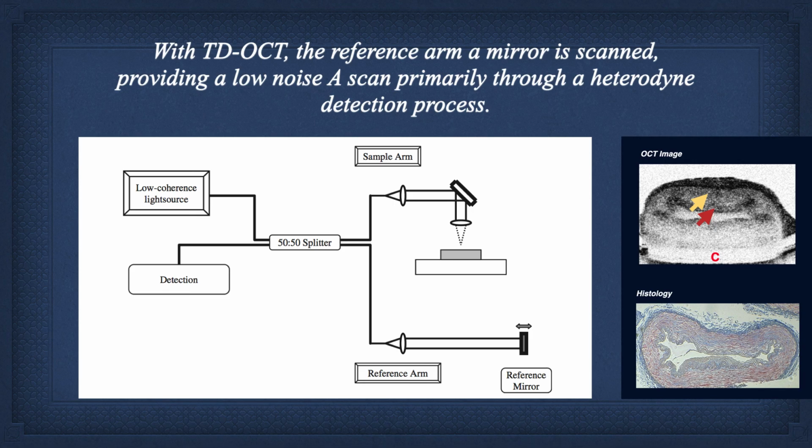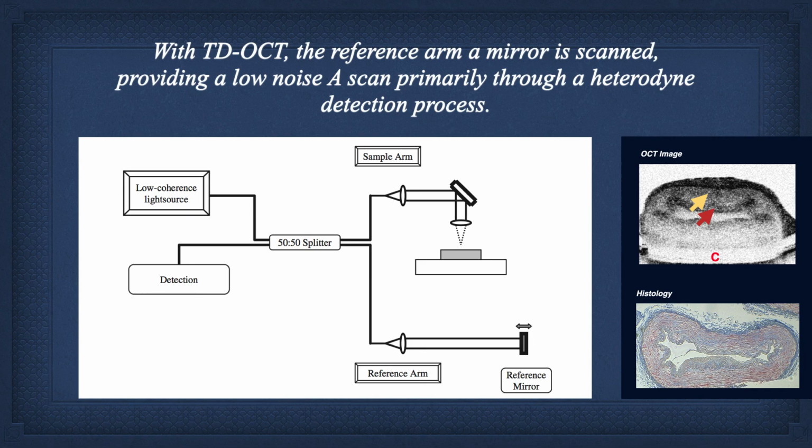And remember, the light's coming out of our source, and we're saying it's pulsatile and Gaussian shaped, and it's split to the reference and the sample, and it bounces off someplace. It's bouncing off from within the sample and off the mirror in the reference arm. So why do we need to move the reference arm mirror?